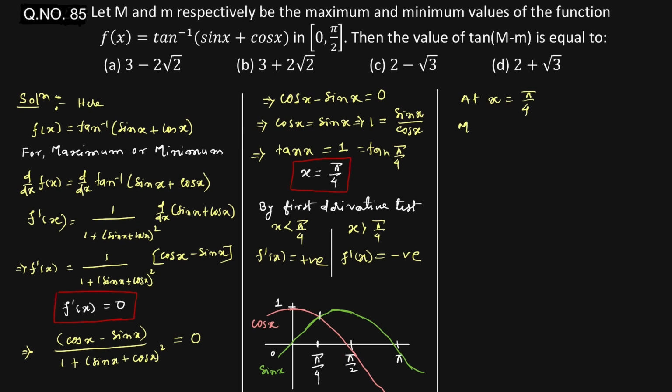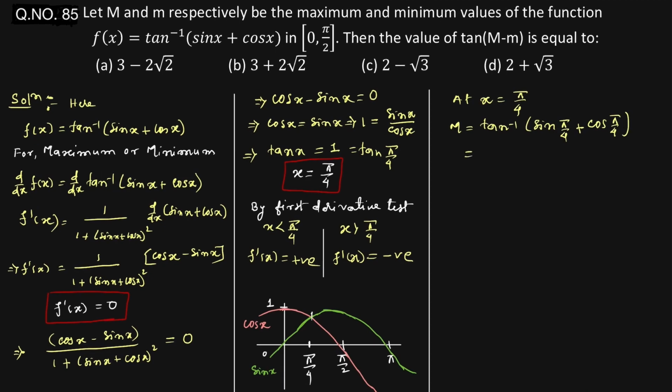So the maximum value we will take as M, which is equal to tan inverse of sin x plus cos x. In the place of x, we will write pi by 4. So which is equal to tan inverse of sin pi by 4, which means 1 by root 2, plus cos pi by 4, which means 1 by root 2, which is equal to tan inverse of 2 by root 2.